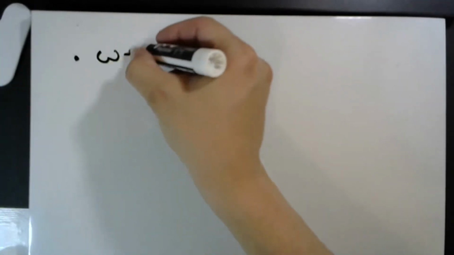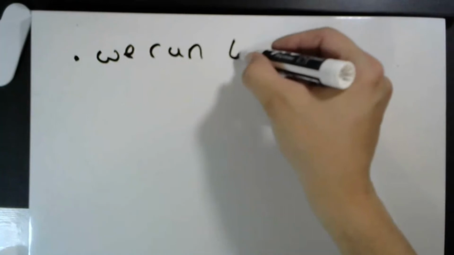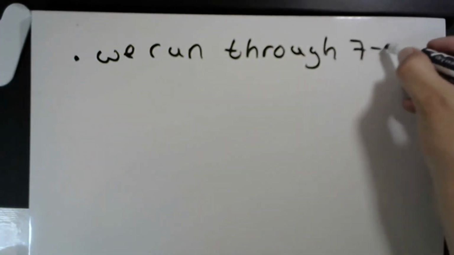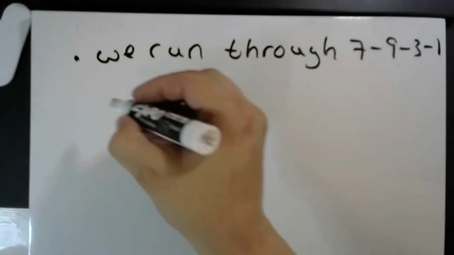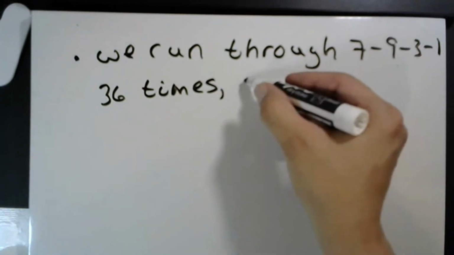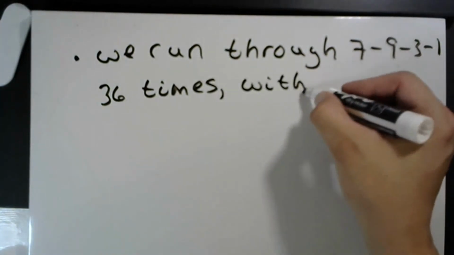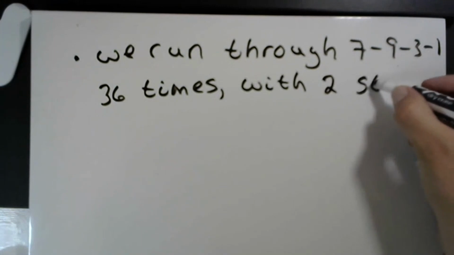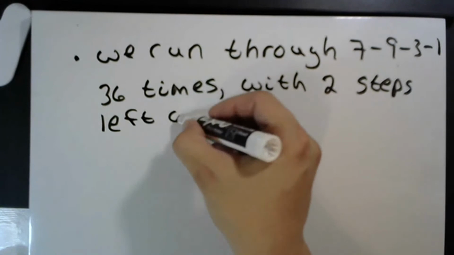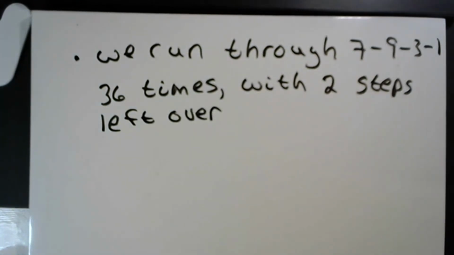So this means we run through this cycle, 7, 9, 3, 1, 36 times. But we have 2 steps left over. Those 2 steps will form a partial cycle.